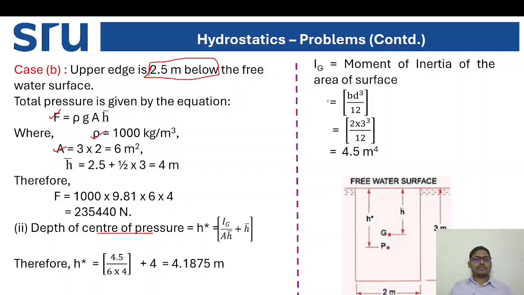Ig is equal to B D cube by 12, that is 4.5 meter to the power 4. Just substitute 4.5 by 6 into 4 plus 4. So 4 you will get from H bar and 4.5 you will get from Ig. That is equal to 4.1875 meters.